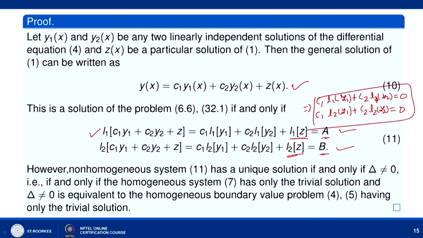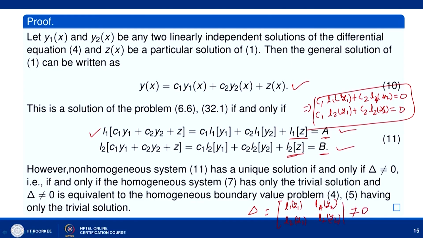If you remember, this implies that the homogeneous part has a unique trivial solution provided that this delta, given as the determinant with rows L1 y1, L1 y2 and L2 y1, L2 y2, is non-zero.